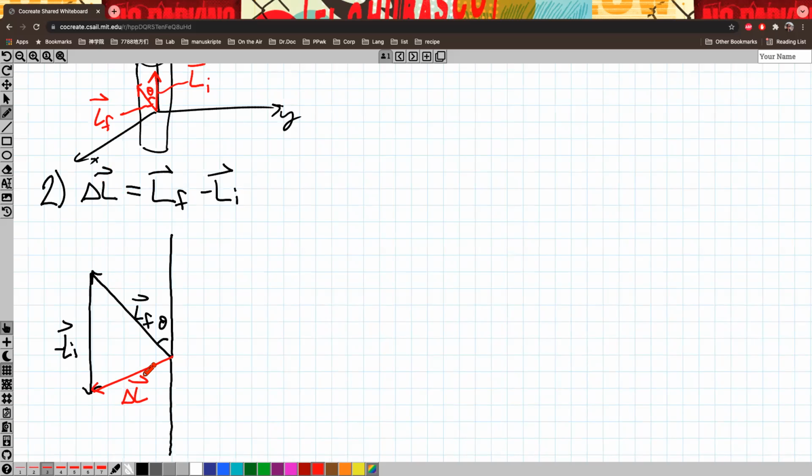If theta goes to zero, then L would go in the negative y direction from what I'm seeing.